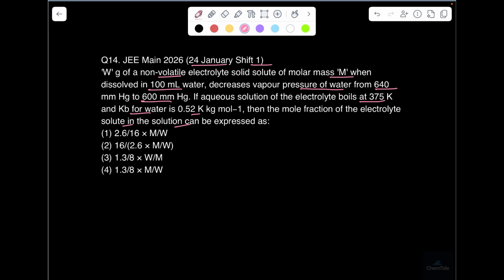See, this is non-volatile, but it's an electrolyte, so definitely it will dissociate into ions. So we can write delta Tb equal to i Kb into m. Even the relative lowering of vapor pressure supports i into Xb, the mole fraction of solute. The mole fraction of the electrolyte we have to find out, meaning the Xb value.